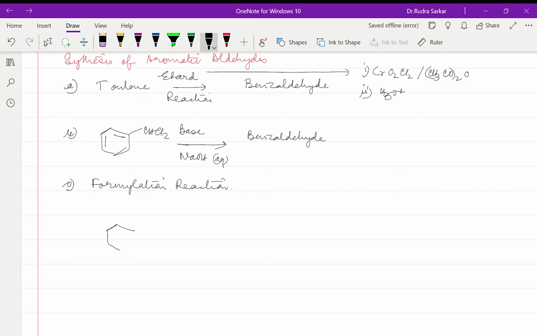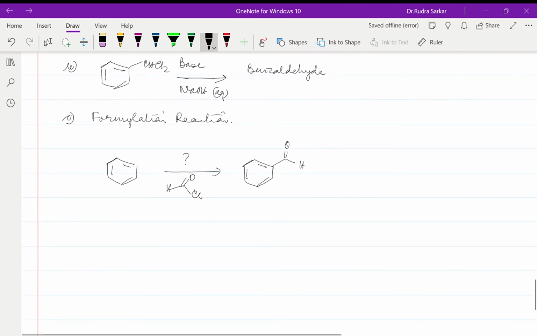So suppose one thought of reacting the benzene with something that will give us this. We have to think of something else. So if one thought that we can use HCOCl, but HCOCl is highly reactive and cannot be used in presence of AlCl3. So we need some other synthetic equivalent for this.